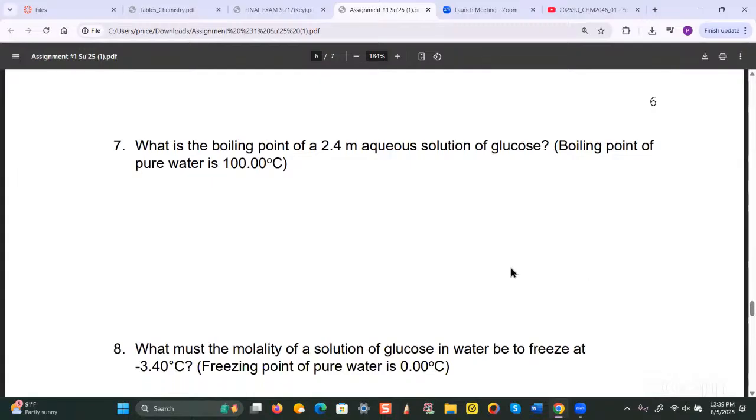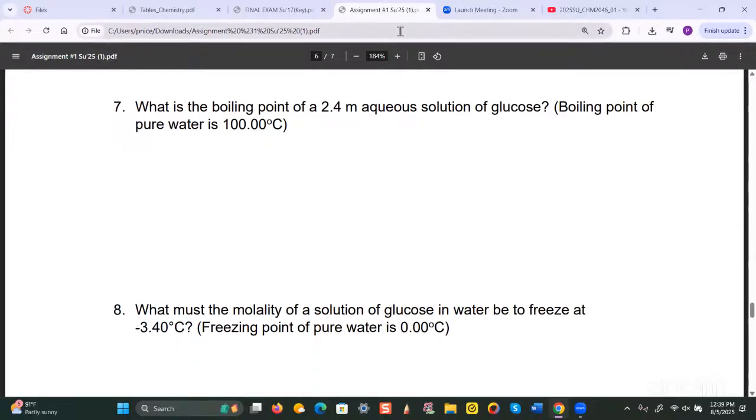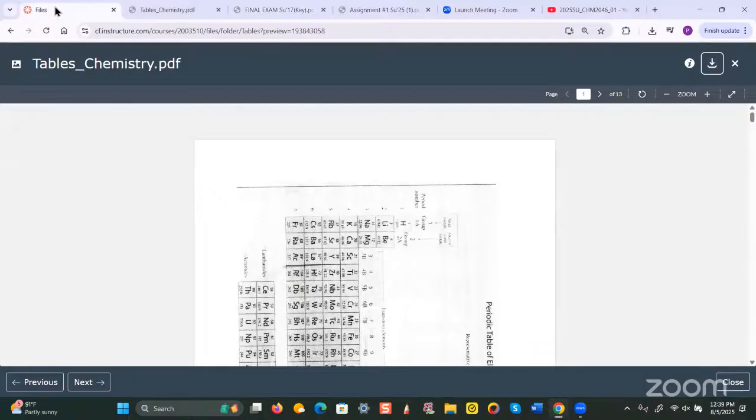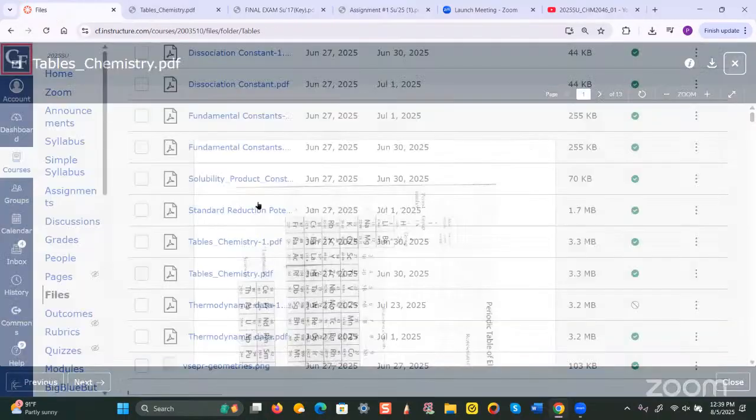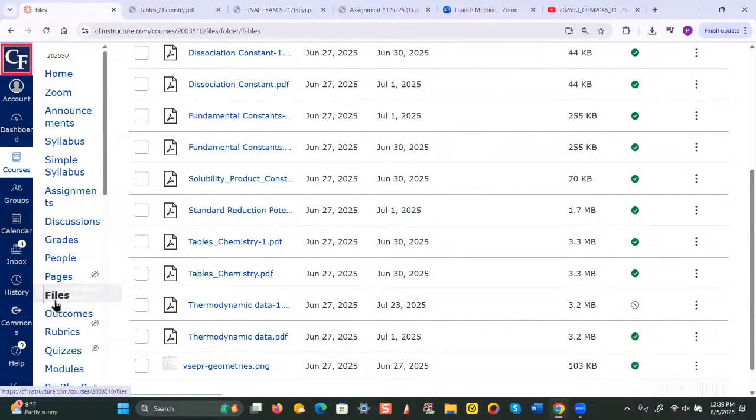Okay, what is the boiling point of a 2.4 m aqueous solution of glucose? And it gives you the boiling point of pure water as 100 degrees, right? So the equation that you'll be using in this case, as soon as I can... Oh, professor, sorry, my mistake. I meant question 7 from assignment 2. Oh, assignment 2. Okay, yeah, all right. So let me go here.